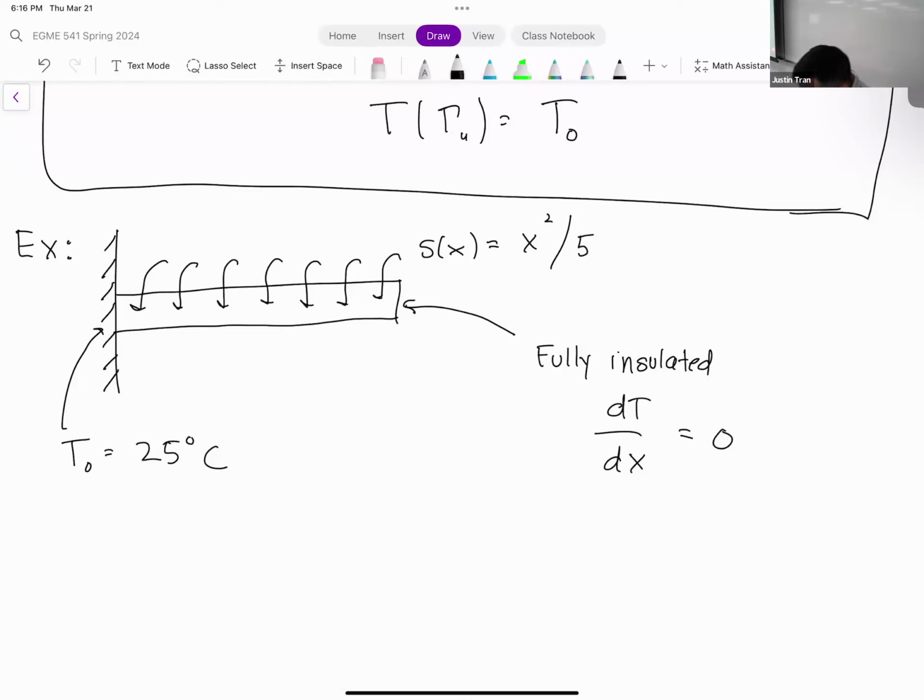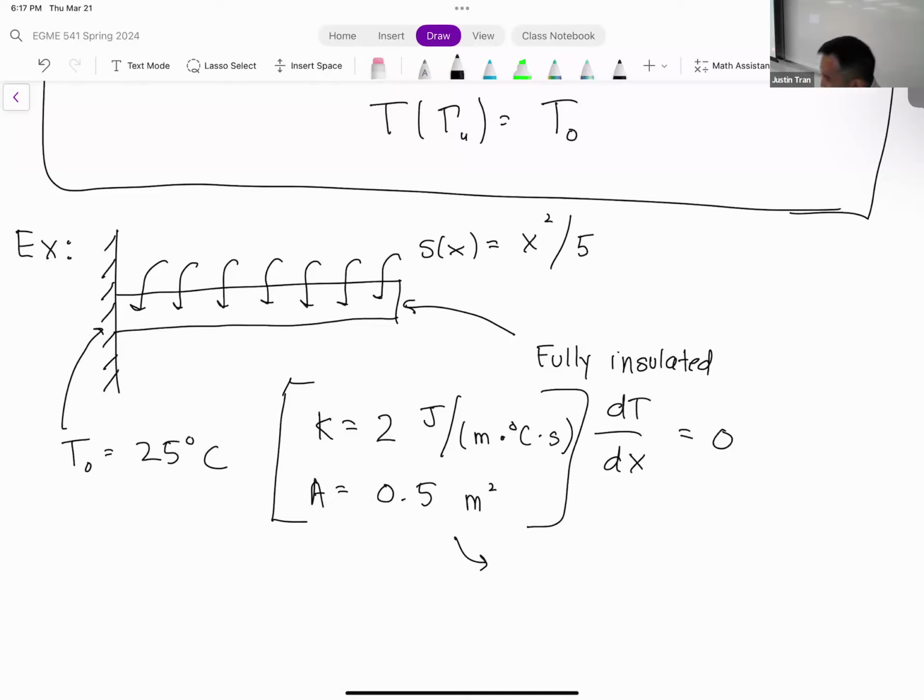All right, and then we have our properties here. Our thermal conductivity is 2. These units always trip me up: joules per meter degree C seconds. It's just 2, but I have the units there to be consistent. Our cross-sectional area is 0.5 meter squared.